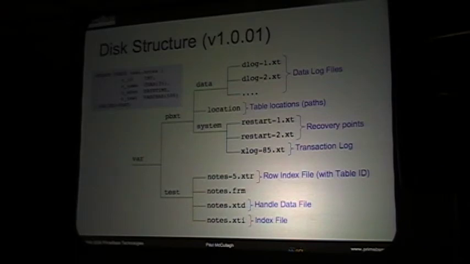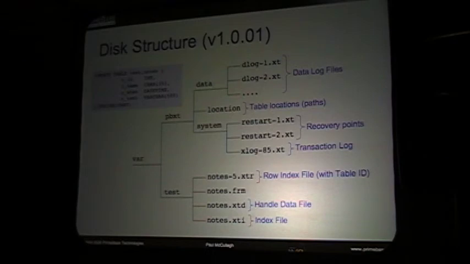Okay, so in the system directory, there's the transaction stuff. There are the transaction logs, which have a sequential ID, which is incremented at the end. When PBXT creates a new file, it increments this ID, and when it deletes an old one, it will usually recycle that old one, but it'll get a new ID.